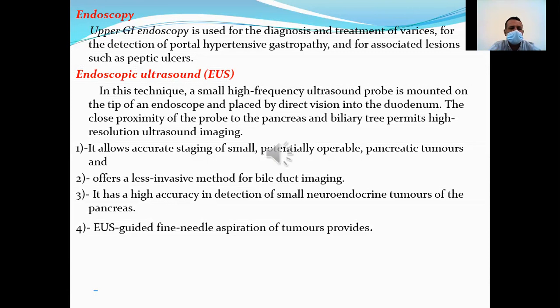Third, it has high accuracy in detection of neuroendocrine tumors of the pancreas. Fourth, EUS-guided fine needle aspiration of tumor is provided by this test. We can do aspiration from this small tumor and send it for histopathology, for detection of any small tumor in the pancreas or nearby structures. Also visualization of the bile duct.